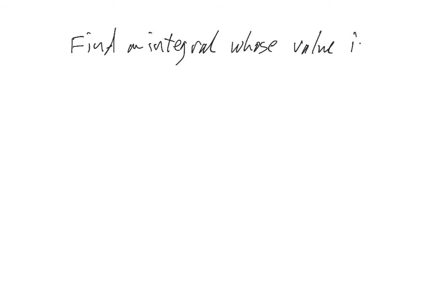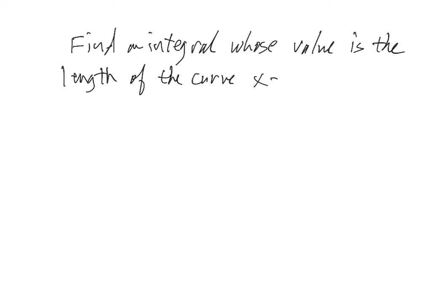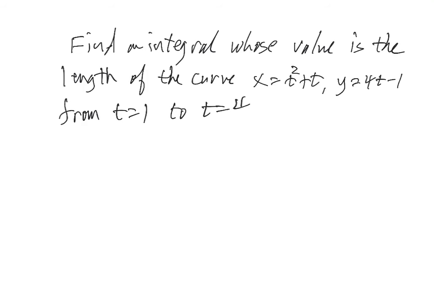Find an integral whose value is the length of the curve x equals t squared plus 2, y equals 4t minus 1, from t equals 1 to t equals 4.